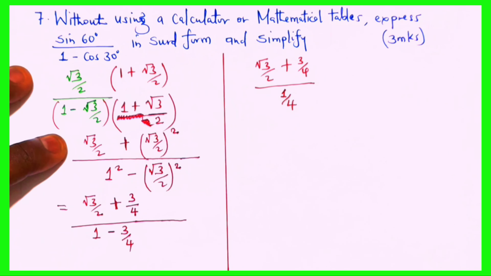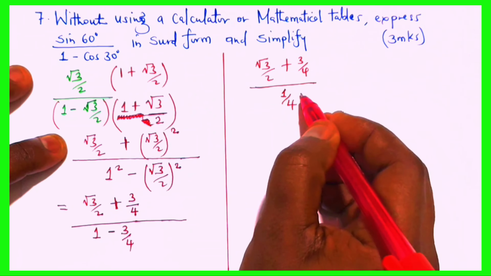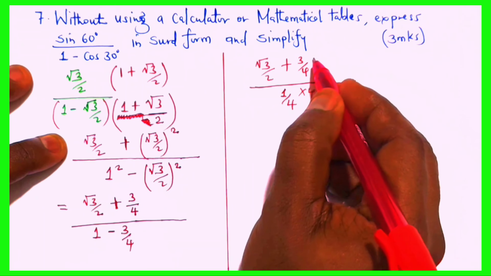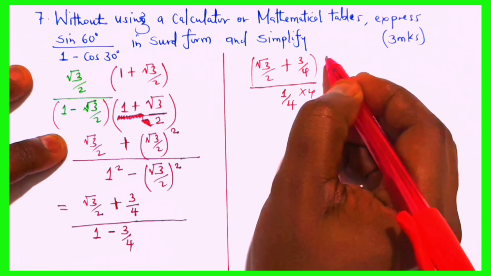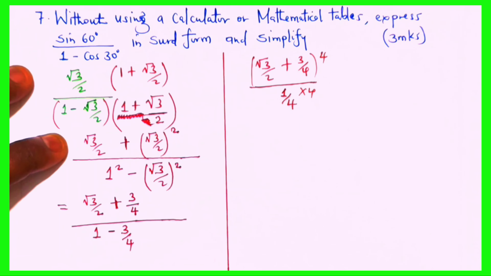And therefore, to ensure that we have the denominator equal to 1, we can decide to multiply by 4, and whatever we do on the denominator, we also do the same on the numerator.